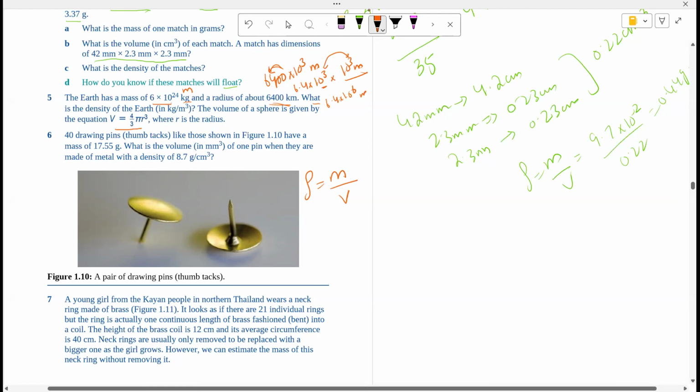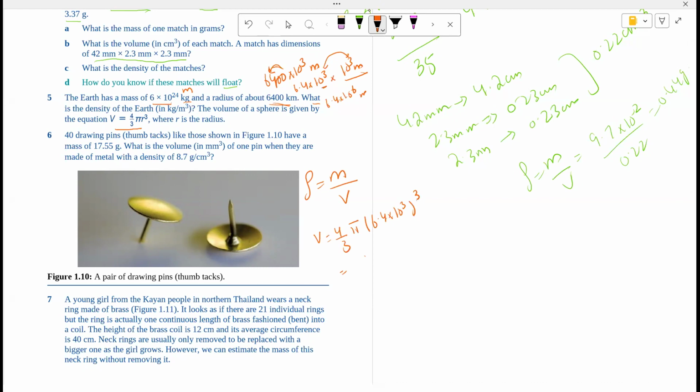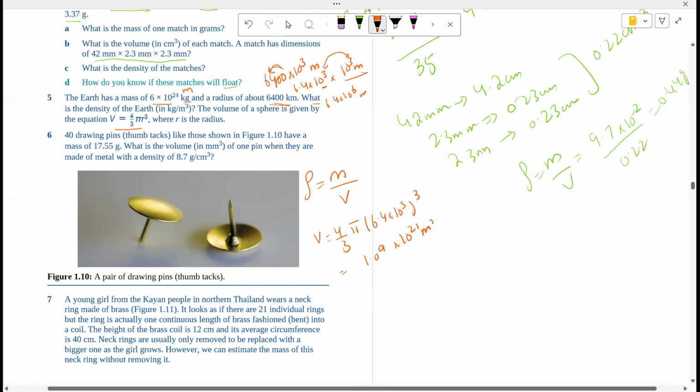Okay, so let's put the value of the radius into this formula, which is the volume 4 by 3 pi r cube. R is 6.4 into 10 raised to power 3 cube. This would give us an answer of 1.09 into 10 raised to power 21 meter cube.